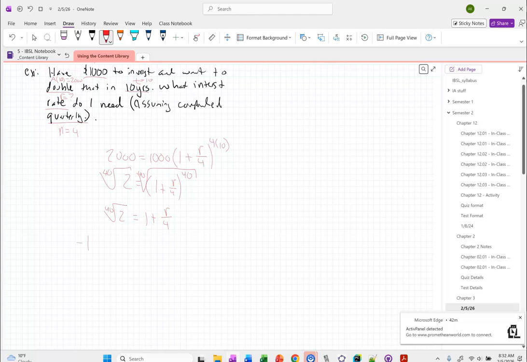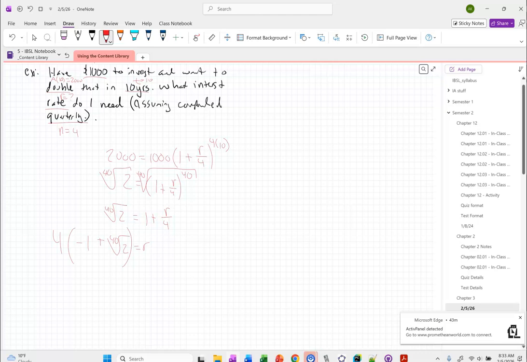We undo the addition and subtraction before we undo the multiplication and division. So 4 times negative 1 plus the 40th root of 2. How do I do the 40th root on my calculator, Mr. Kulik?